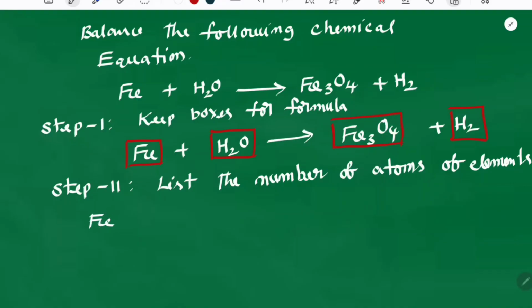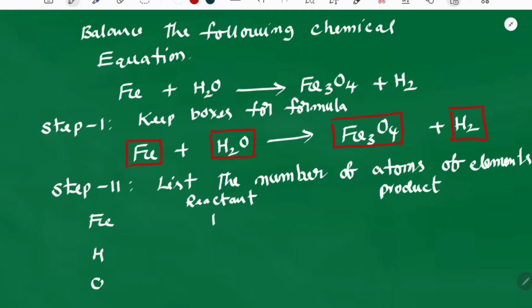Iron, then hydrogen, then oxygen. This is the reactant side, and here is the product side. Just count. How many iron atoms?